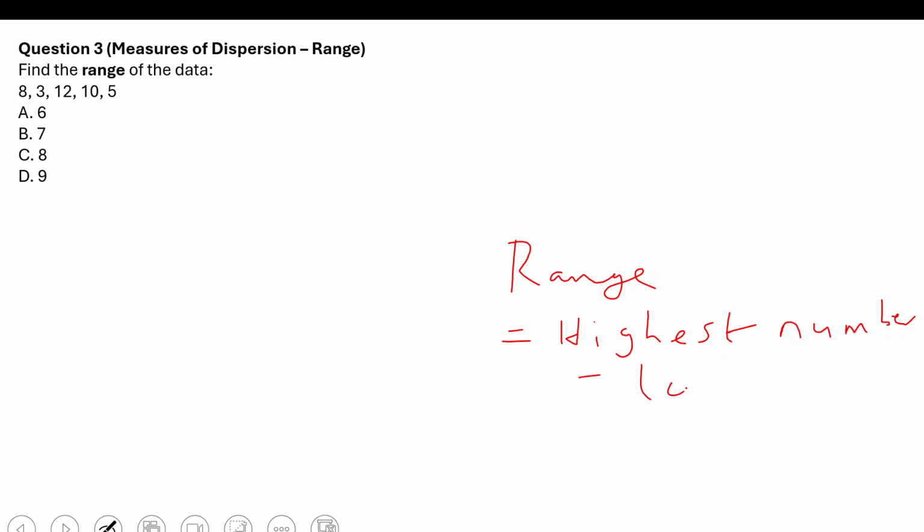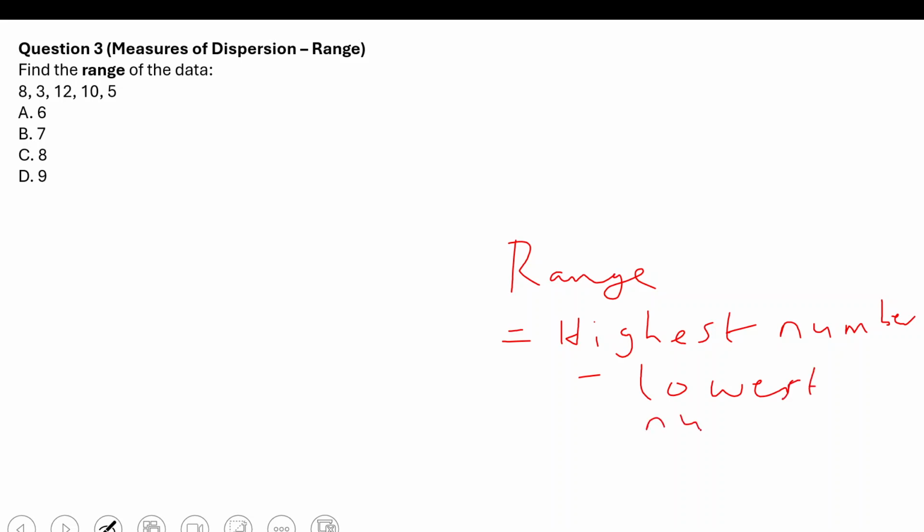All right. So the next question is on measures of dispersion, range. So for range, it is actually the highest number in the distribution minus the lowest number in the distribution.